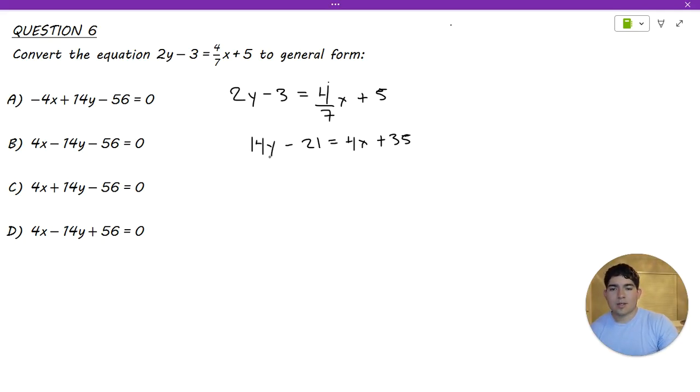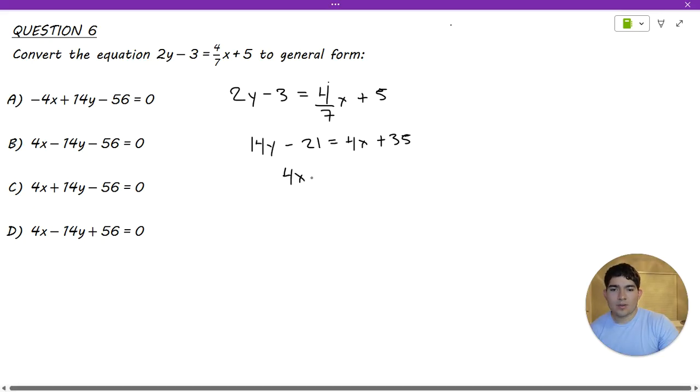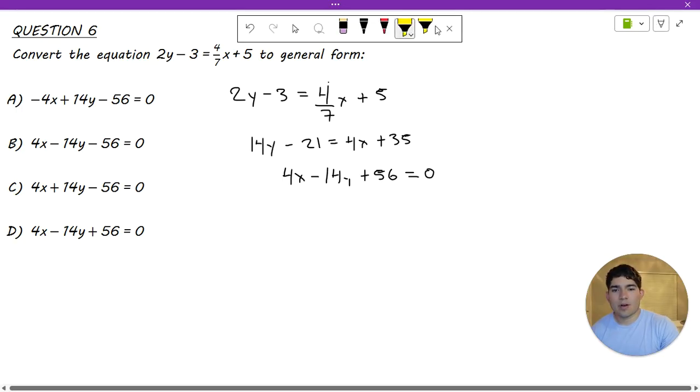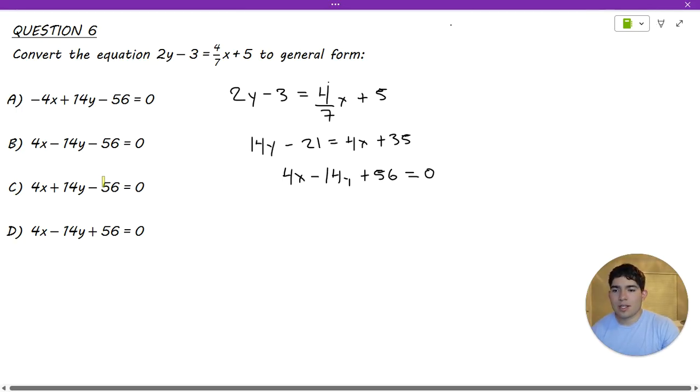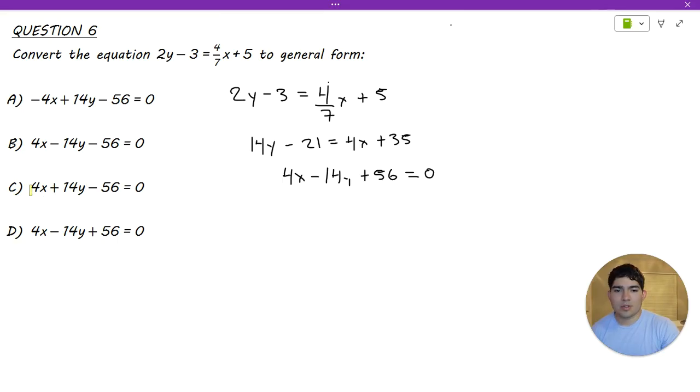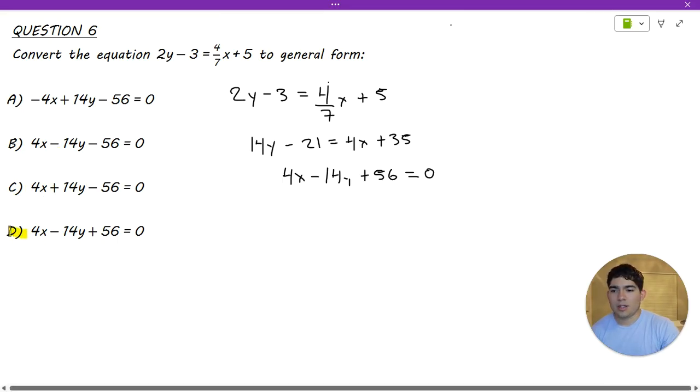So we're going to subtract 14y and negative 21 from both sides, move it over to the right side basically, and we're going to end up with 4x minus 14y plus 56 once you add the 21 and the 35. So then all of that is going to be equal to 0. And we have our multiple choice. The answer in this case is going to be D.